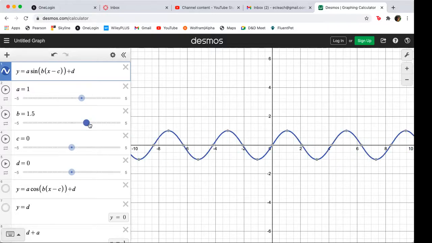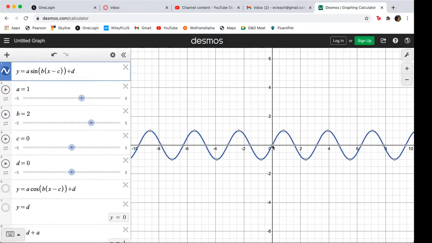But when B is equal to 2, we're going through a cycle twice as fast. Or we could think of it as we're going to get 2 cycles from 0 to 2 pi. So we could think of the 2 as going around the circle twice as fast, or we could think we're going to get 2 cycles in one circle, or in 2 pi units.